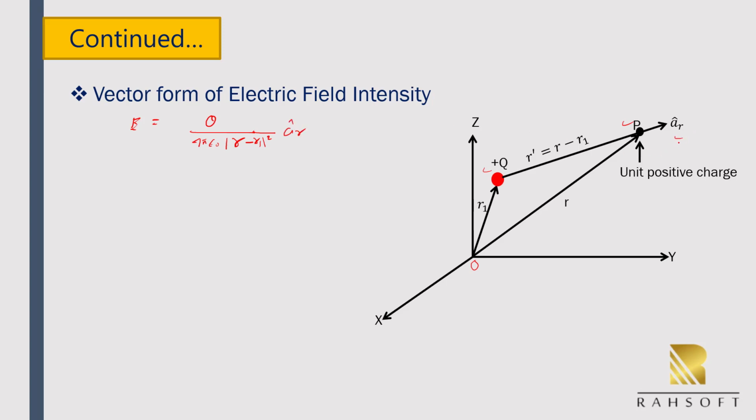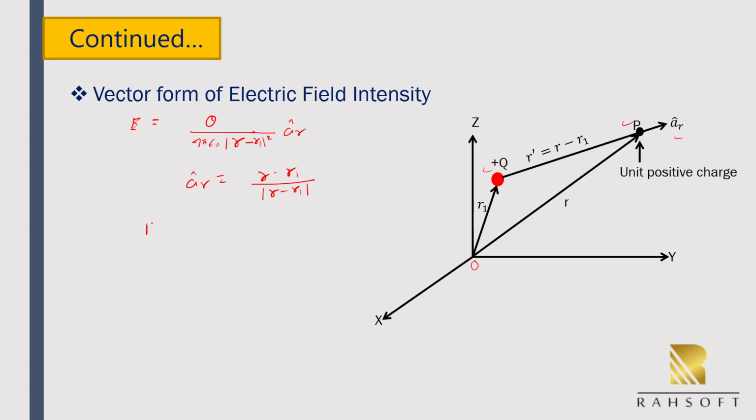Here is the unit vector, and this is the unit positive charge. Now the unit vector ar you can find as r minus r1 divided by modulus of r minus r1.